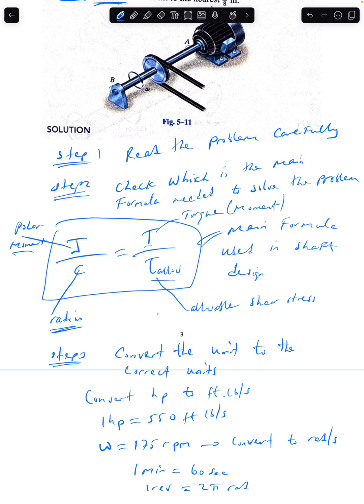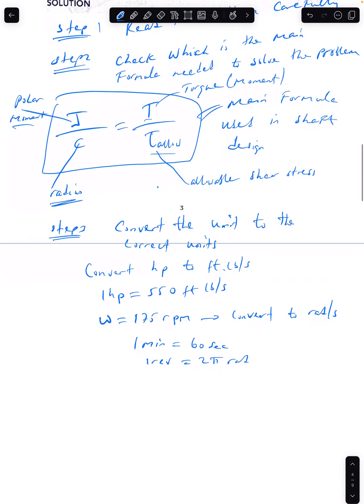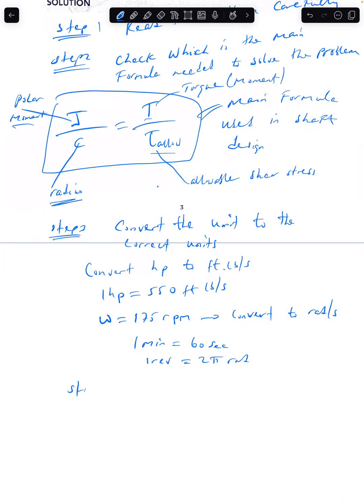And therefore, step 3, which I've done, will take me to step 4. And step 4, I will solve the problem.